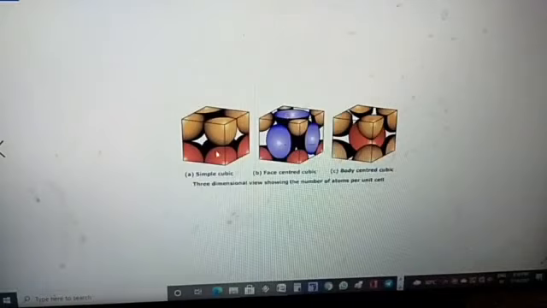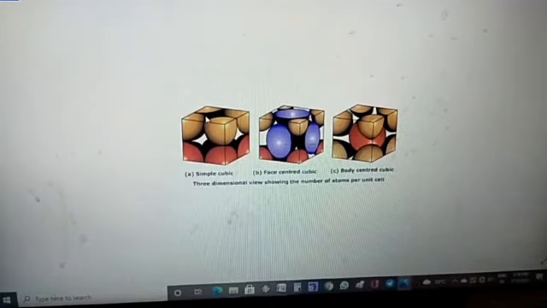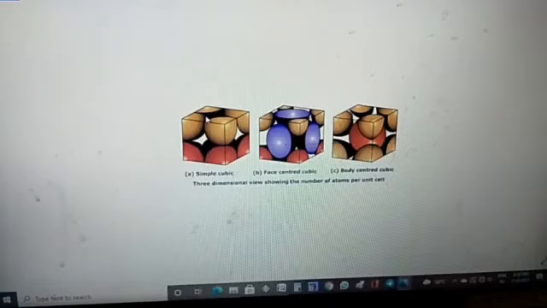Now if we take this, this is a simple cubic unit cell. See here, 1/8 part of the atom belongs to the particular unit cell. So in a body centered cubic unit cell, what happened? Along with the corners, the particles are present at the center of the body also. That means the center of the unit cell also.